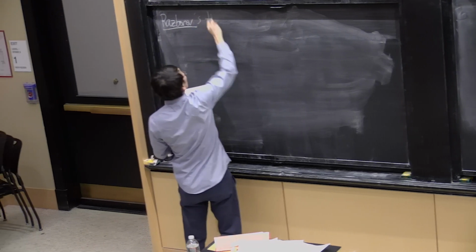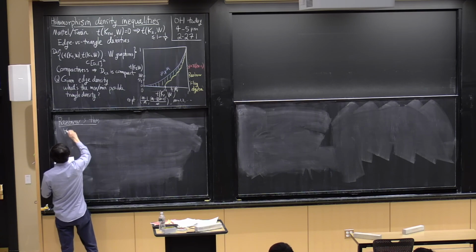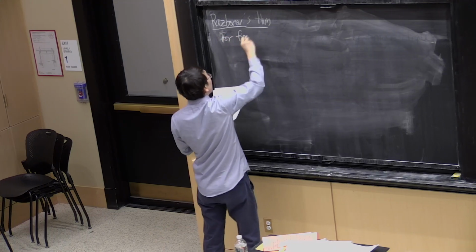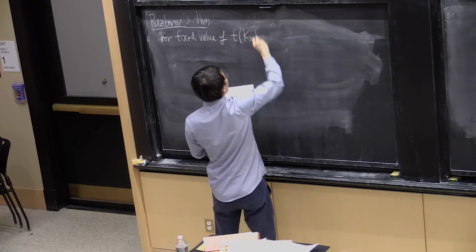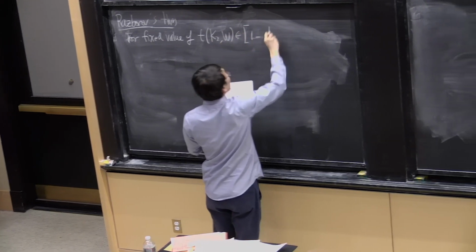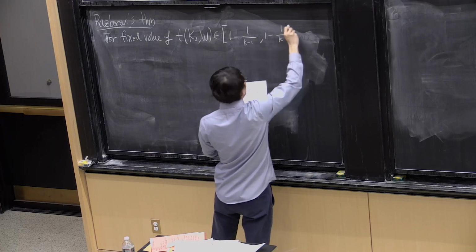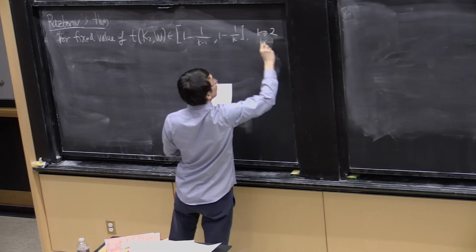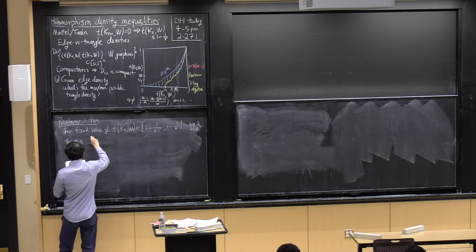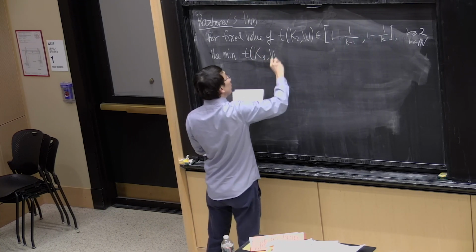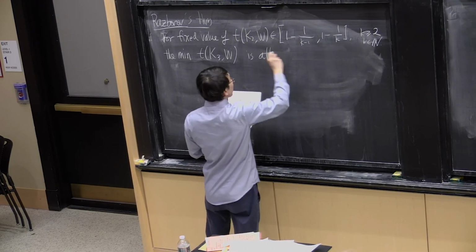So Razborov's theorem, which is drawn up there, that's the lower curve, is that for a fixed value of edge density, if it lies between two specific points drawn above, the minimum value of triangle density with that fixed value of edge density is attained via the following construction.